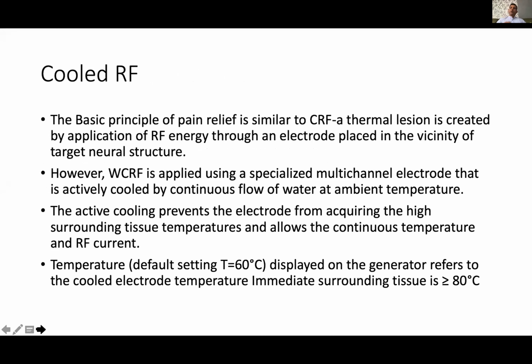Continuous flow of water goes through that electrode, and this active cooling prevents the electrode tip from being heated by the surrounding tissue, while meanwhile allowing the continuous flow of RF current. There is a default setting of around 60 degrees C, which is usually fixed in cooled RF, and it cools the electrode temperature relative to the immediately surrounding tissue.